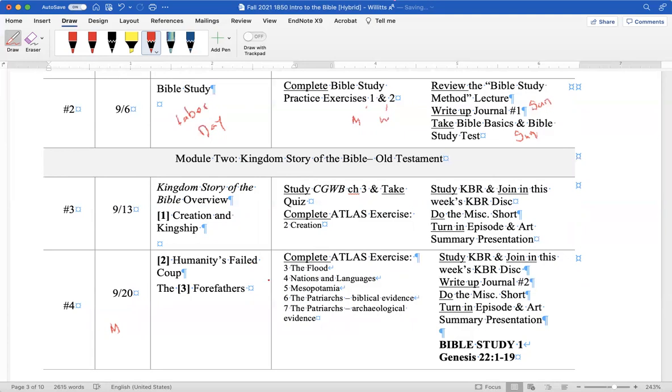The learning activities for the week are these. You will need to complete Atlas exercises, numbers 3 through 7, Flood, Nations and Languages, Mesopotamia, Patriarchs, Biblical Evidence, the Patriarchs, Archaeological Evidence. So you will do an assignment, a short, brief assignment for each of these topics.